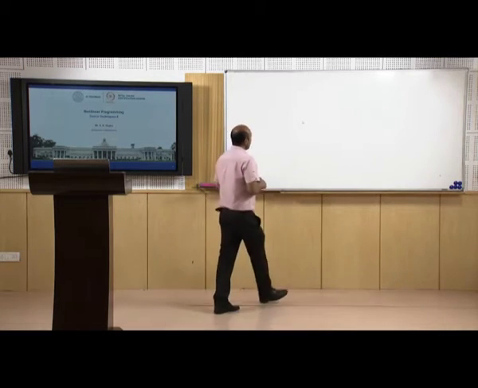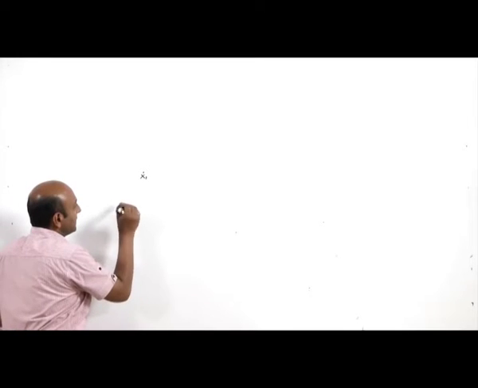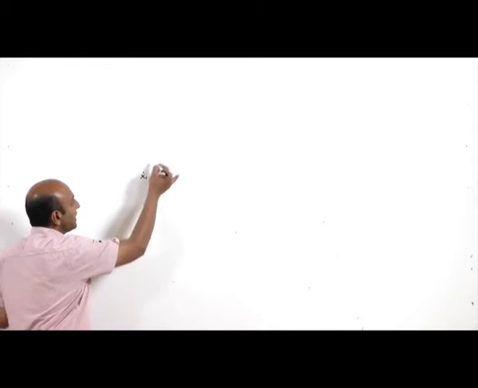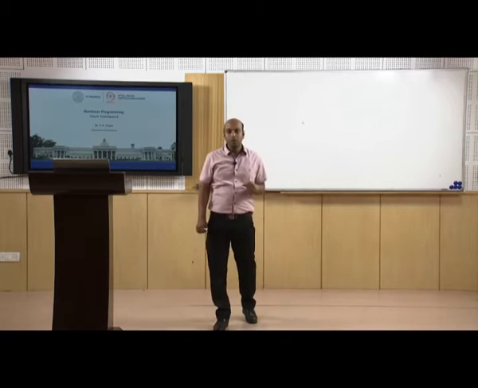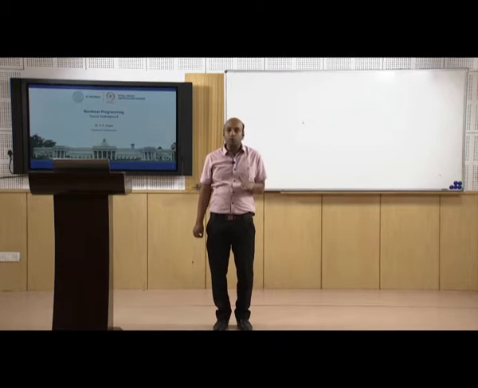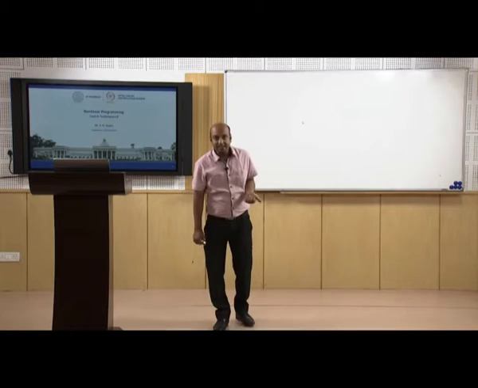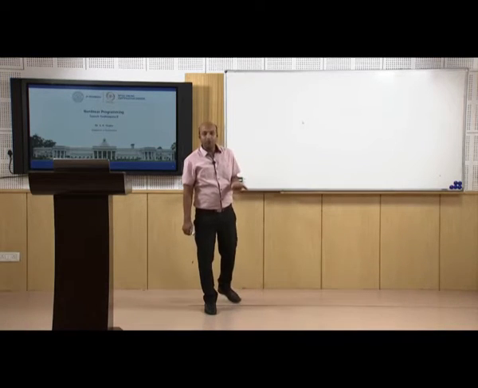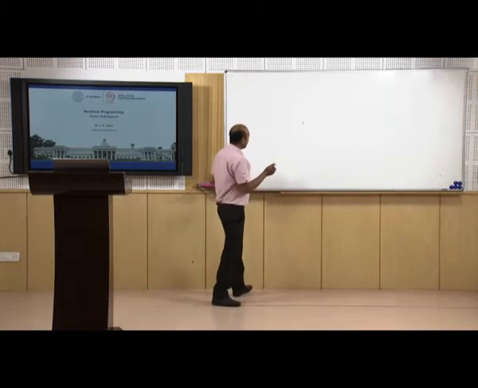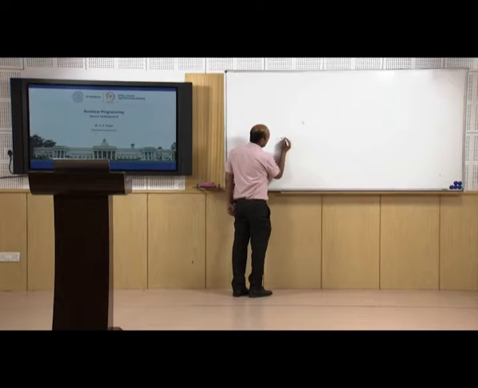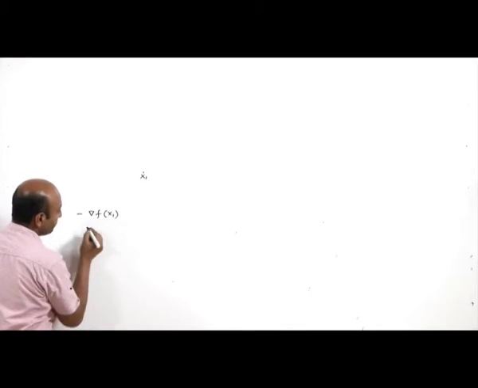Now, suppose you start with this initial guess. From this initial guess there are infinite directions in which we can move. So, in which direction should we move so that the value of the function decreases most rapidly? That direction is simply the negative of the gradient of f at x1.